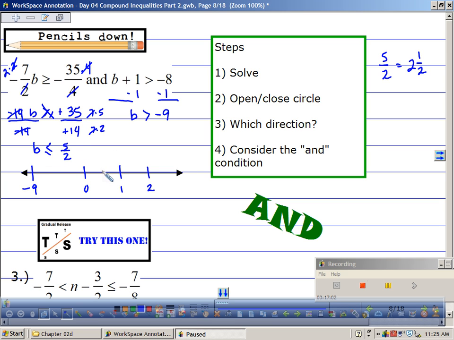Here's 1 half, right? Isn't this 2 halves? 3 halves? 4 halves? 5 halves right there. See how I did that? I broke them up in half, and I counted 5 of them. 1 half, 2 halves, 3 halves, 4 halves, 5 halves. b is less than or equal to 5 halves.